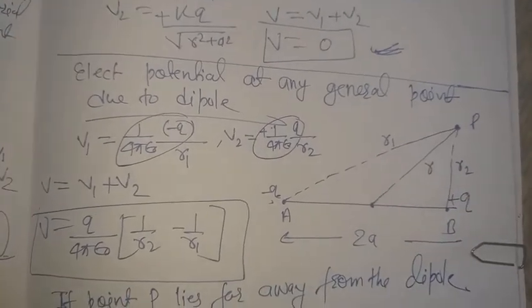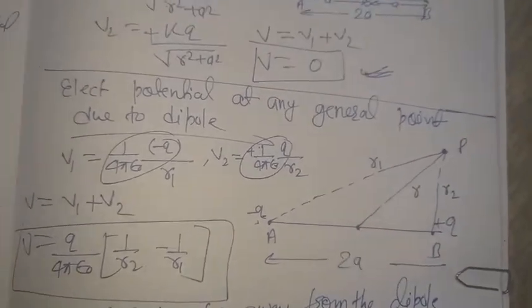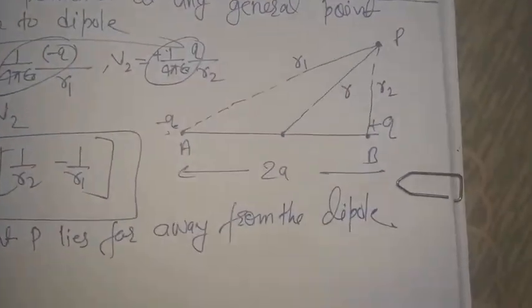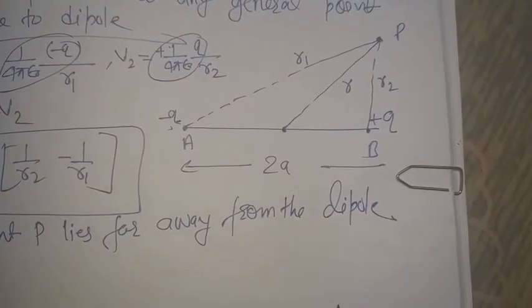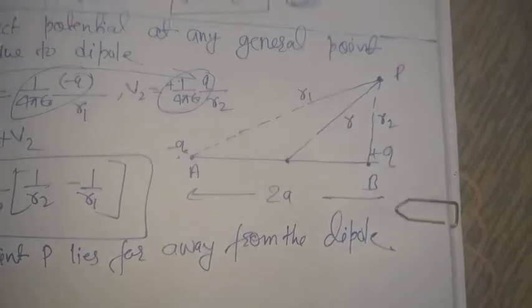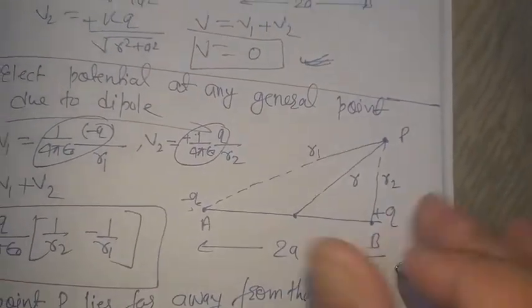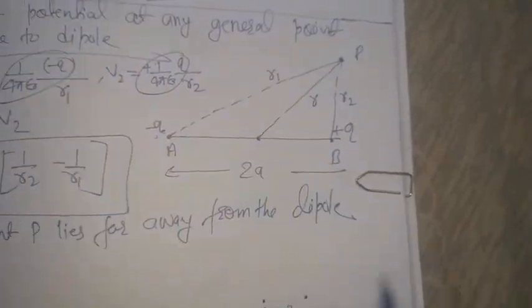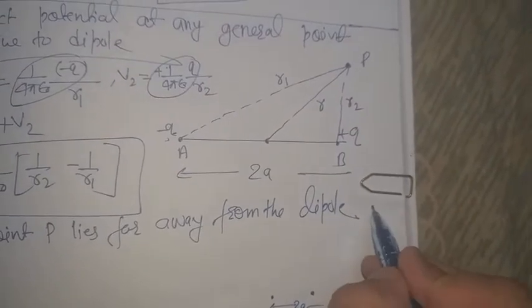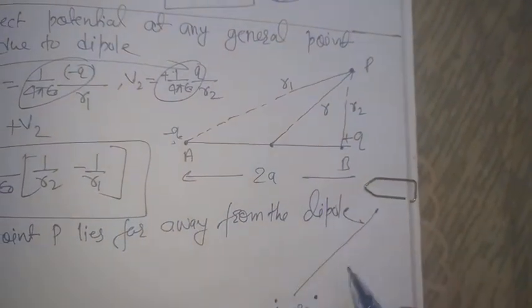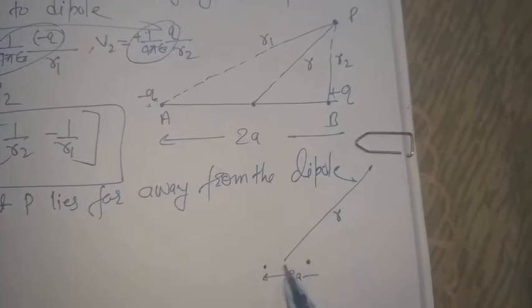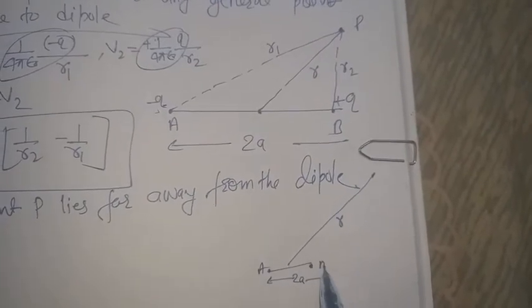Just try to understand. Suppose this is a dipole. I have drawn it large so that construction is easy, but the dipole is very small and this point is very far. So this is r, and this is point A, this is point B.